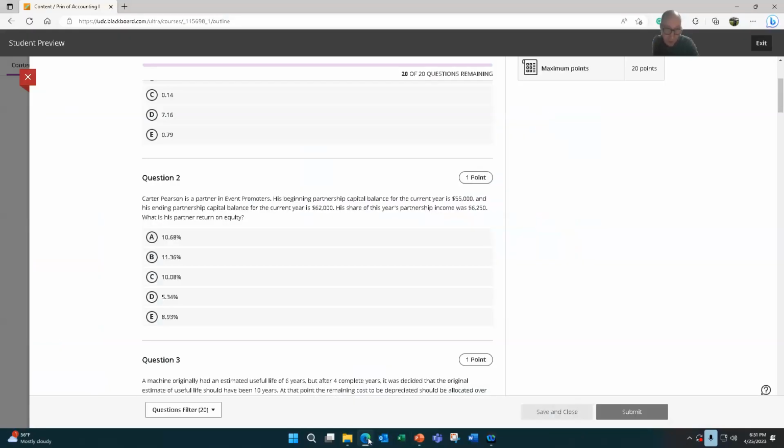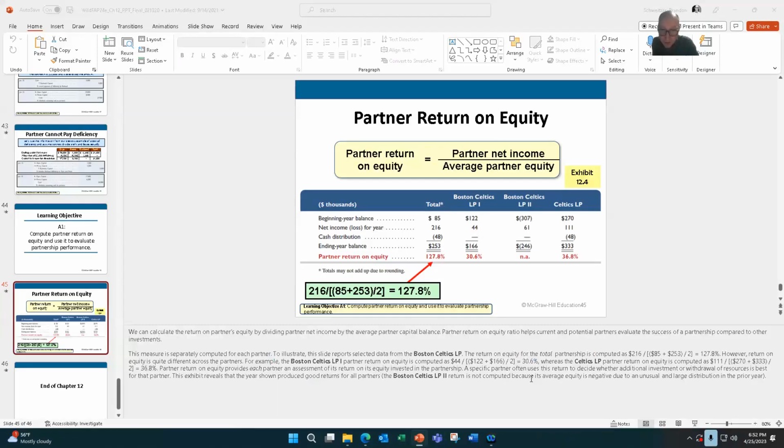Okay, so if I go back to the question, the beginning partnership balance of the year was 55. Ending balance was 62. Share of the partnership income was $6,250. Average partner equity.